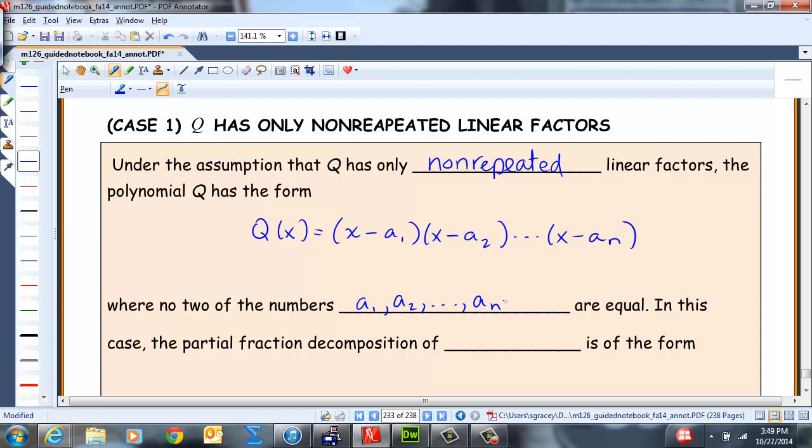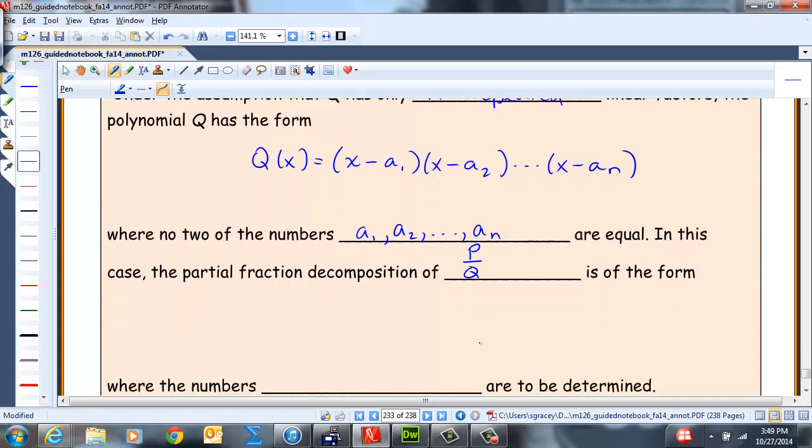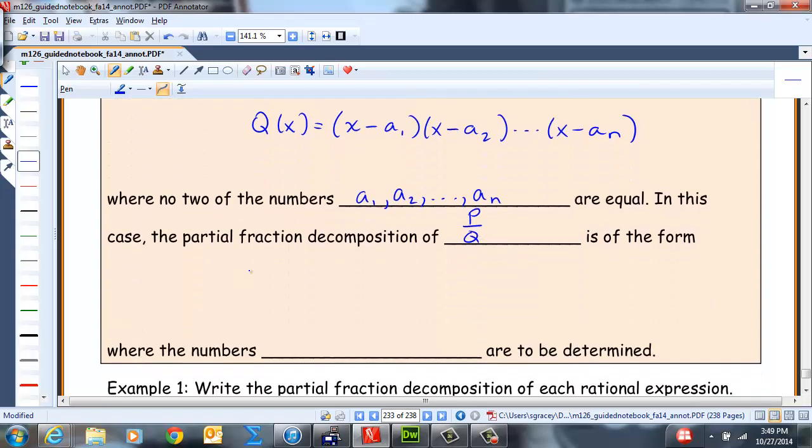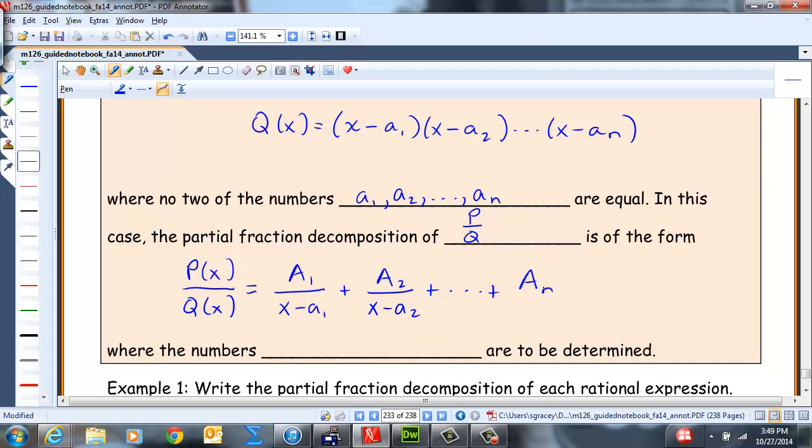So in this case, the partial fraction decomposition of p over q is of the form p of x over q of x equals A1 over x minus a1 plus A2 over x minus a2, all the way down to An over x minus a sub n.